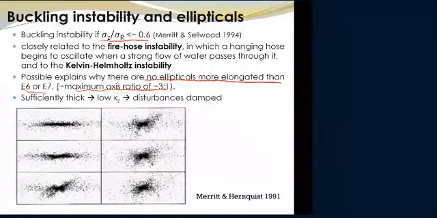Another way to think of this is the vertical natural frequency, kappa z. If it's too low, then the disturbances tend to have a higher frequency than the natural frequency, and so the disturbances tend to be damped, just like in a forced oscillator case.